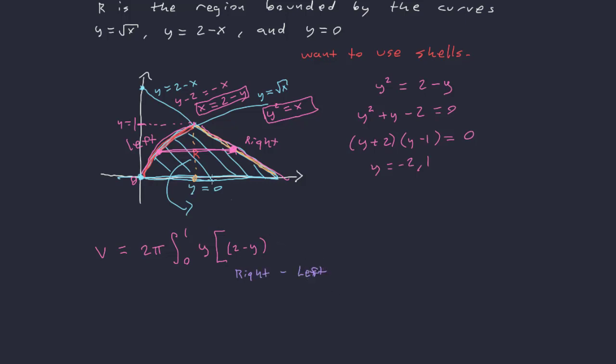So the left is the y squared, dy. All right, so we'll get 2 pi times the integral from 0 to 1 of 2y minus y squared minus y cubed dy.